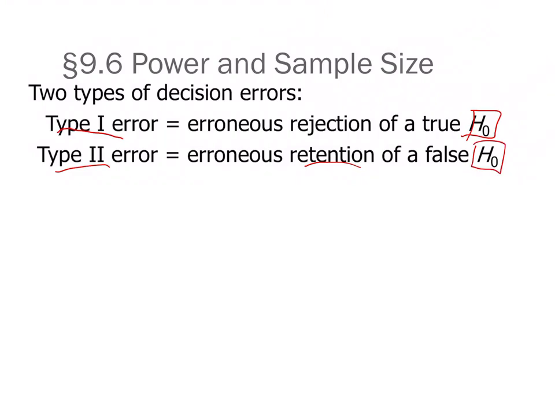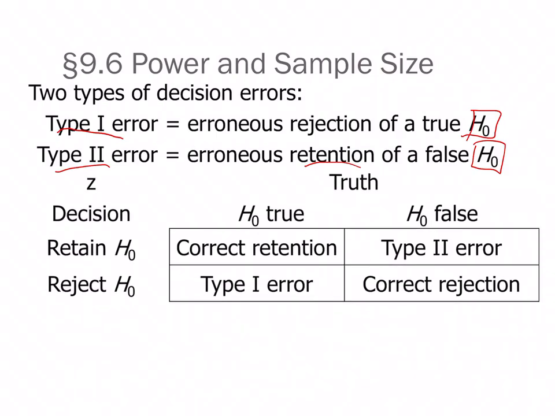To show this in more of a chart-like table, here we have our truth and decision and the potential outcomes. If we have a true null hypothesis and we retain it, it's the correct retention. However, if we have a true null hypothesis and we reject it, but the null hypothesis is actually true, this is called a type 1 error.